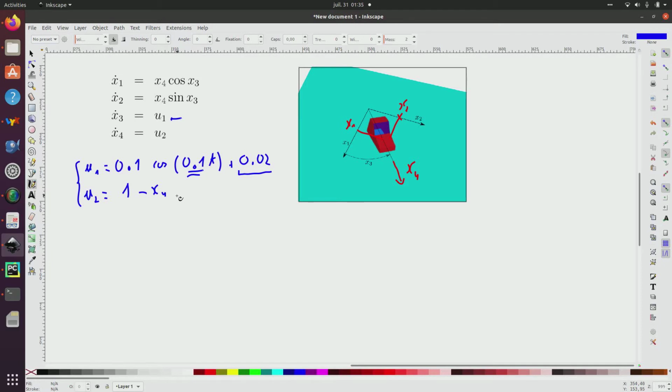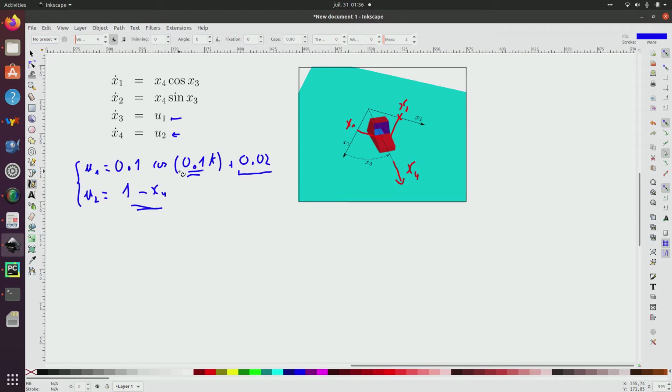And u2 corresponds to the acceleration. Due to this, I have some kind of proportional control for the speed. If I have an error between the speed I want, 1, and the speed I have, x4, then I will accelerate. So it's some kind of proportional control.